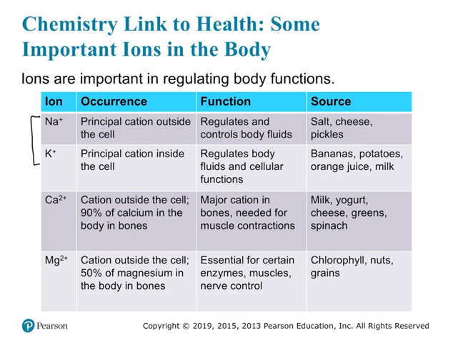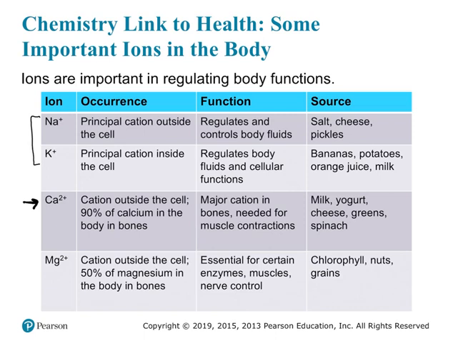All right, so sodium and potassium ions are really important for regulating cellular functions. And you can find those ions in things like bananas, salt, cheese, milk, etc. And then calcium ions are also really important. They are found in our bones, and that's what keeps our bones really strong.